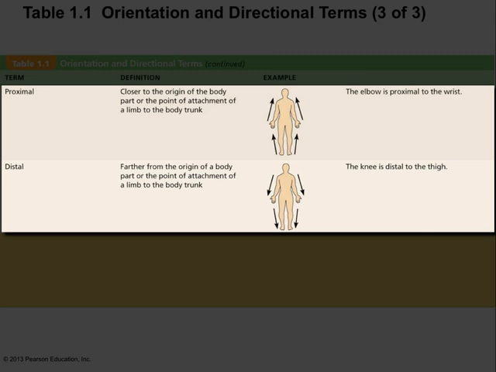So I would ask you to think of your elbow. Is your elbow proximal or distal to your shoulder? Well, it's farther away, so we're getting distal. Your elbow would be proximal to your wrist. In other words, it's closer to the point of attachment than your wrist would be. The knee is distal to the thigh, the elbow is proximal to the wrist, and so on.